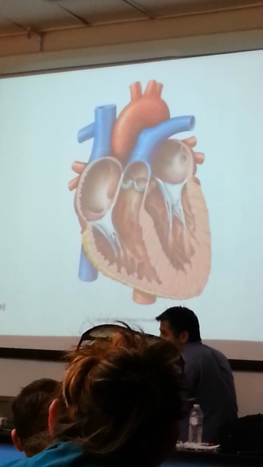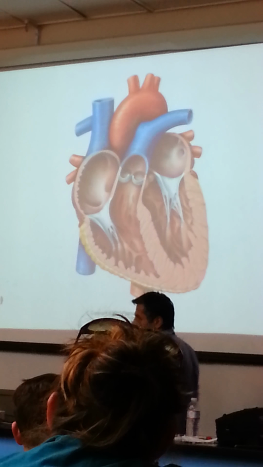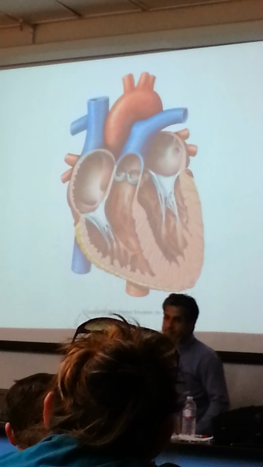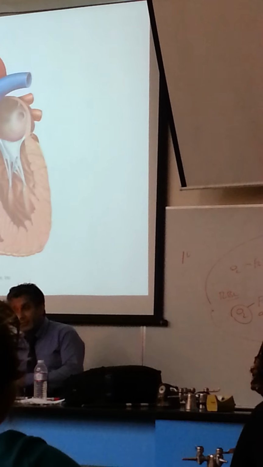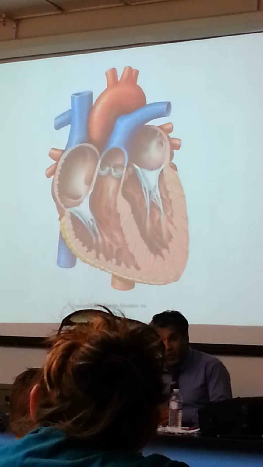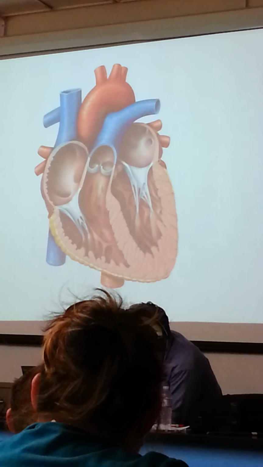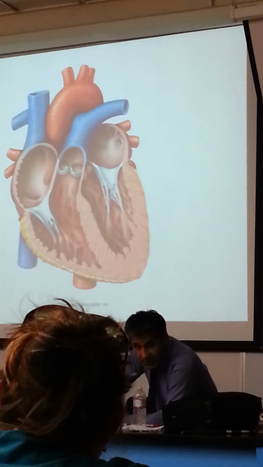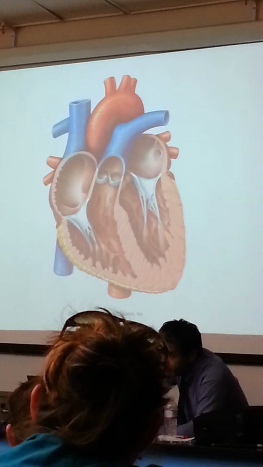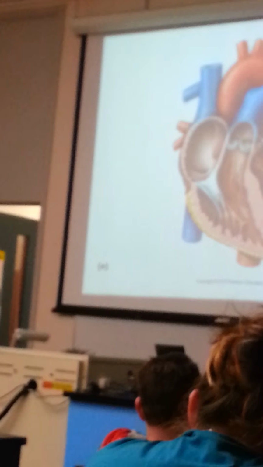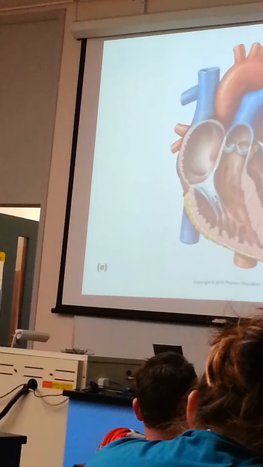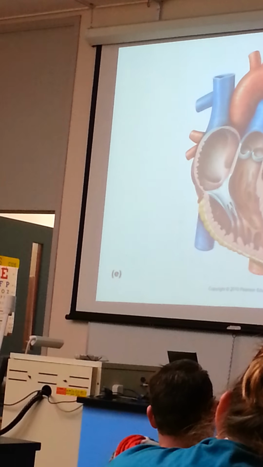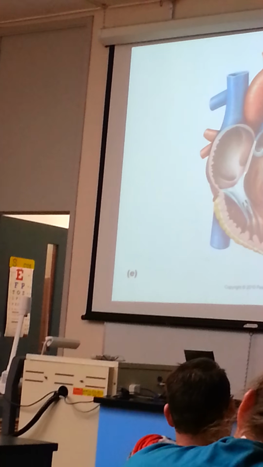So, if I ask you to follow a drop of blood from right atrium back to the right atrium in this picture, what would you say? From right atrium it goes through the tricuspid valve into the right ventricle. From right ventricle it goes through the pulmonary valve into the pulmonary trunk.